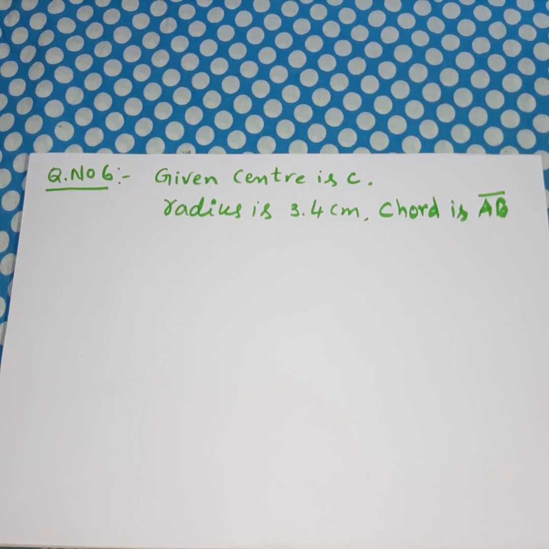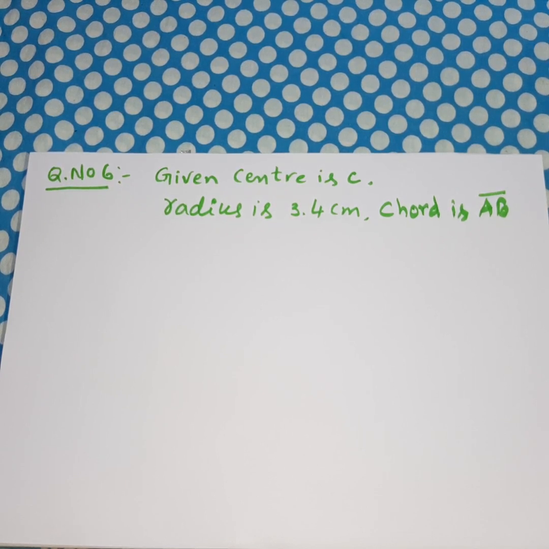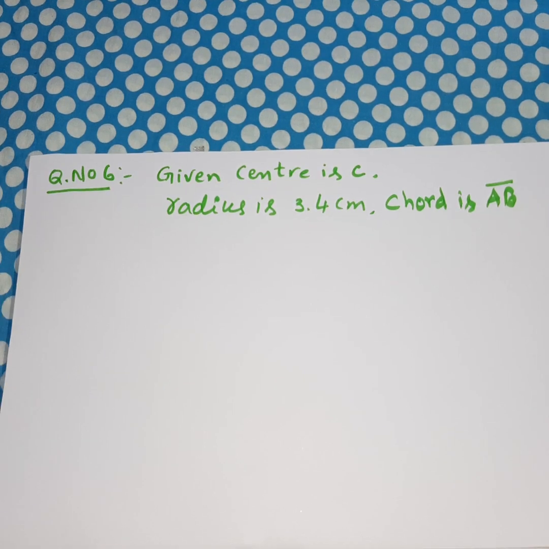We are going to check whether the perpendicular bisector is passing through the center of circle C or not. Right children, let us construct a circle as well as a chord AB and draw the perpendicular bisector of chord AB, to see whether it is passing through the center of this circle C or not.